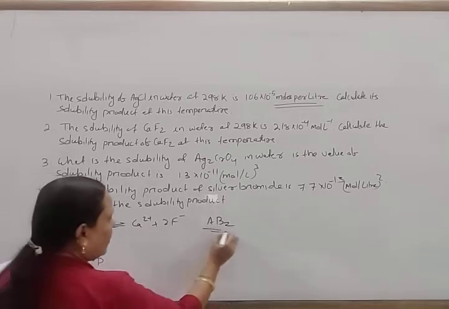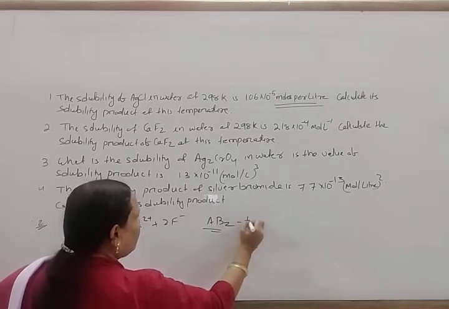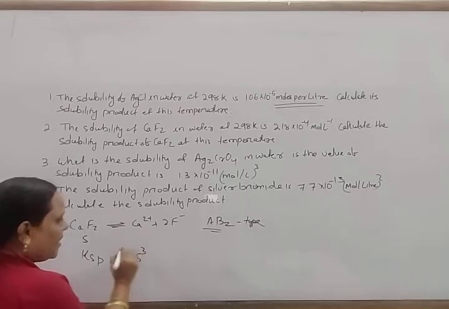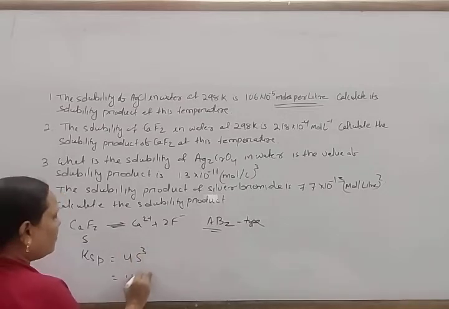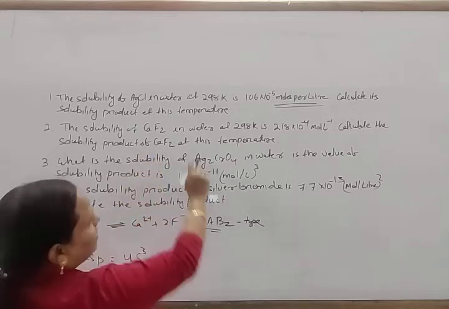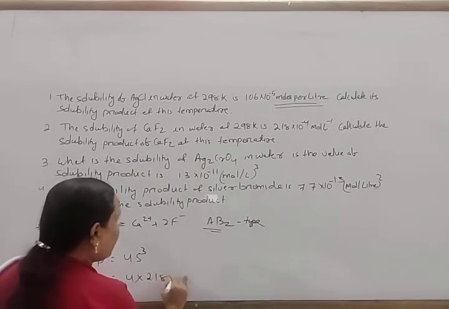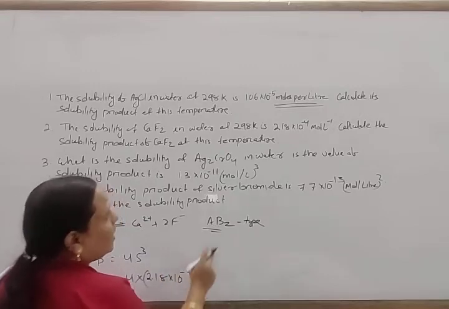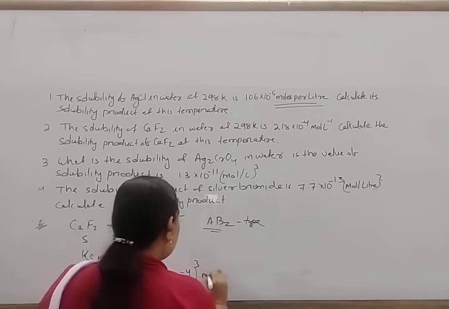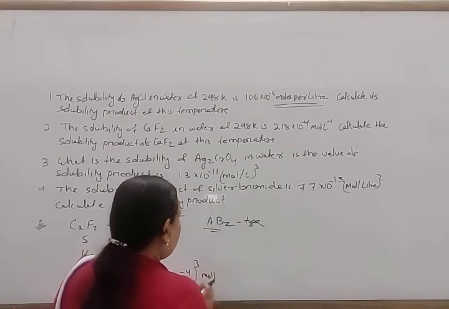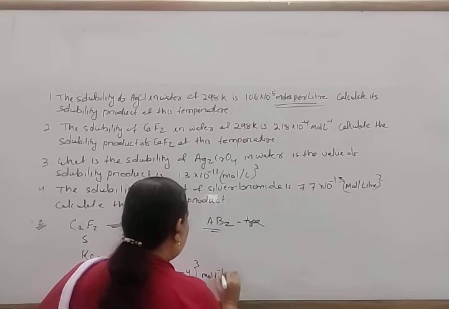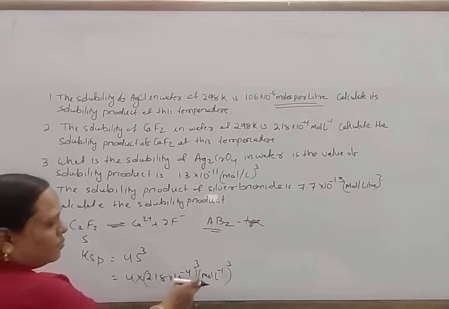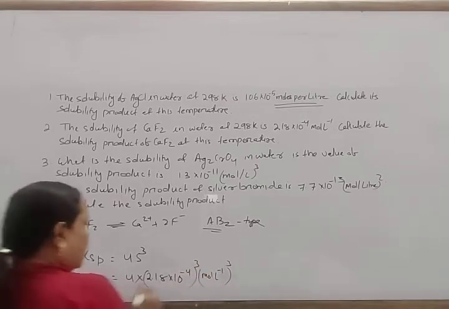As it is an AB2 type salt, its Ksp is equal to 4S cubed. That is 4 into the S value given, that is 2.18 into 10 to the power minus 4, cubed. And the unit is mole per liter, cubed.